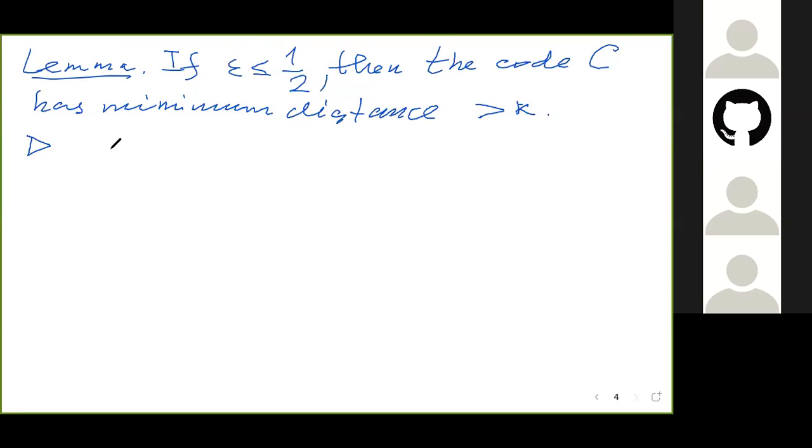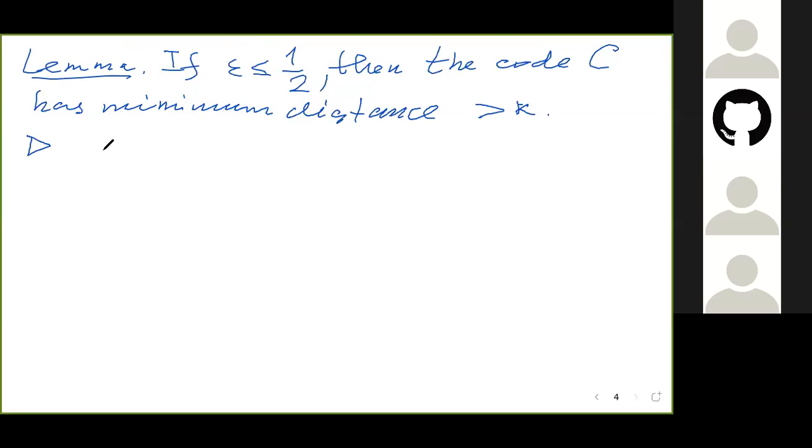First of all, we know that for linear codes, minimum distance is the minimum possible Hamming weight of non-zero vector.